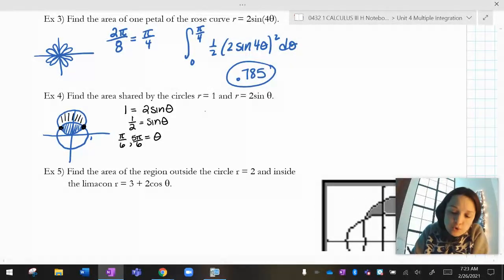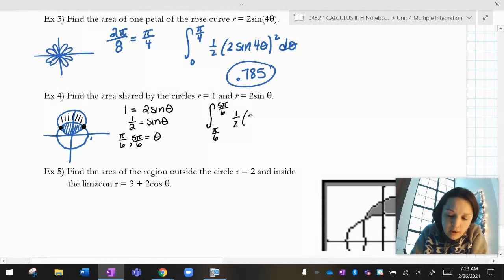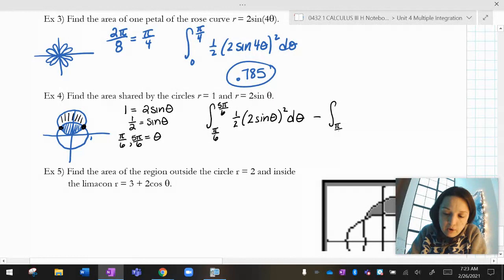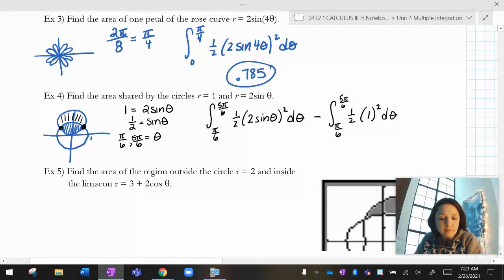Okay, so if I do the integral from pi over 6 to 5 pi over 6 of 1/2 r squared d theta minus the integral from pi over 6 to 5 pi over 6 of 1/2 r squared d theta, I'm going to get this black region out there.